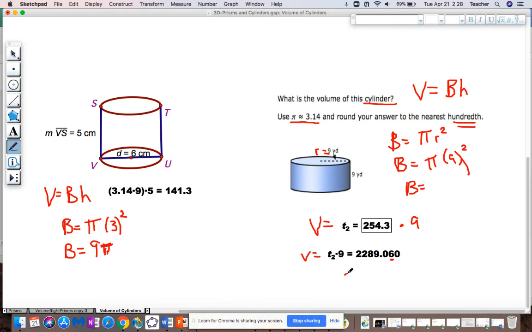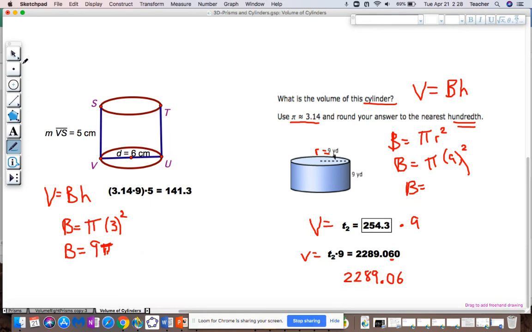So make sure you punch that in, and don't worry about commas, right? I know it'd be 2002.89. Don't worry about that. That's what it would want. Now, if this was a 5, 6, 7, 8, 9, all of a sudden that 6 bumps up to a 7. But it has to round to the nearest hundredth.